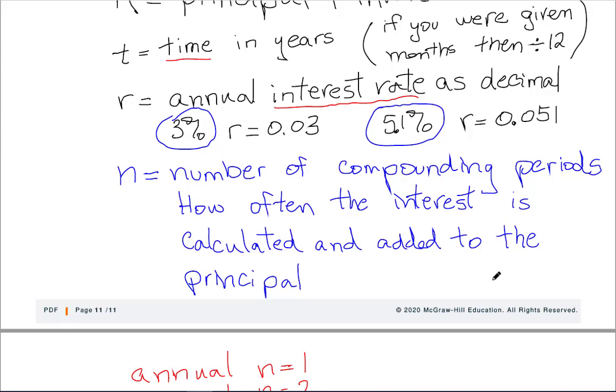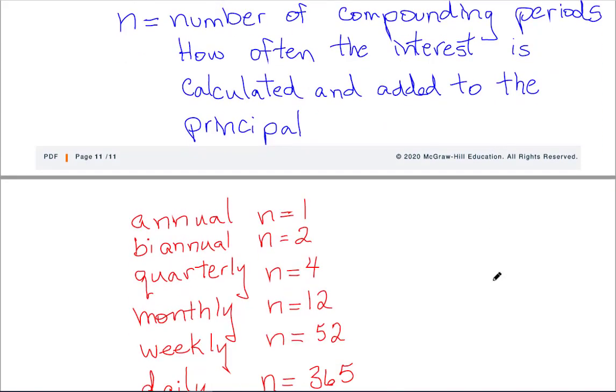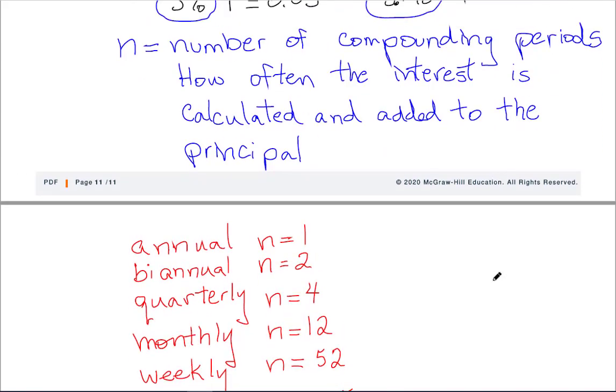n is what's called the number of compounding periods, this small letter n. And it's how often the interest is calculated and then re-added back into the principal. So it's an ongoing process.